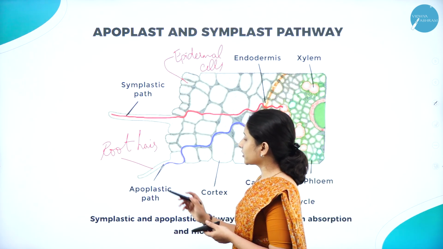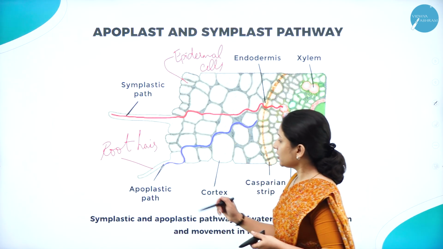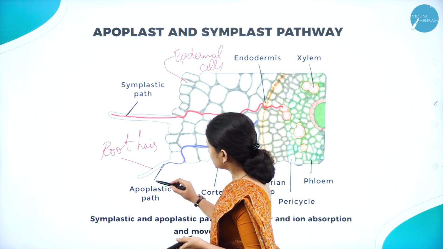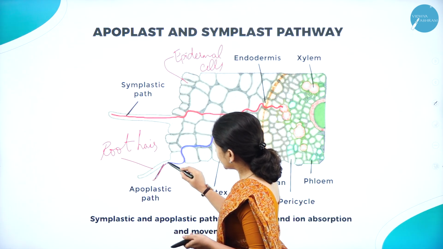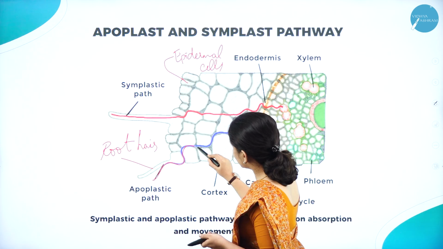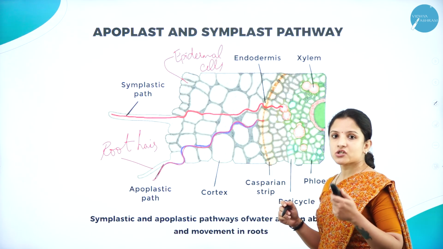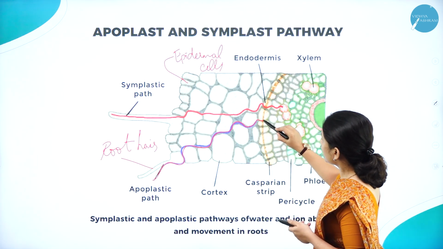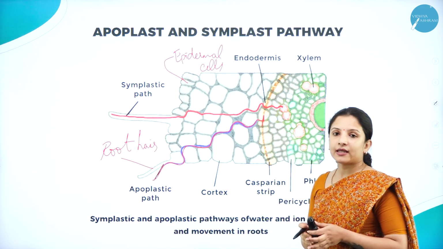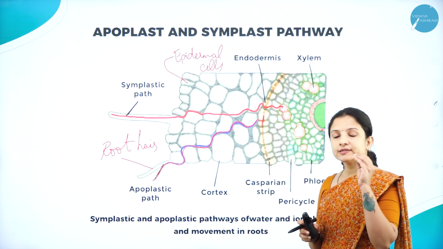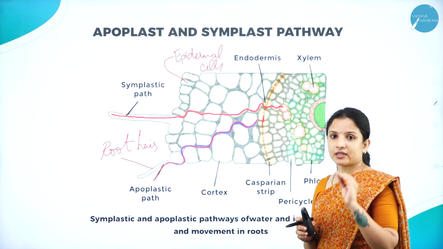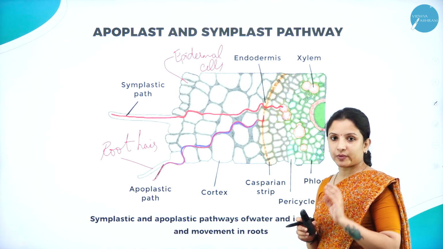So here, when talking about the apoplastic pathway, the water molecules move through the cell membrane like this. Once they reach the endodermis, they will have to pass through the Casparian strip. Those cell membranes having suberin depositions are nothing but the Casparian strips.